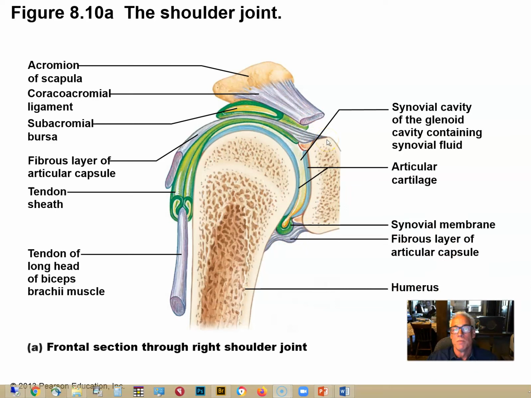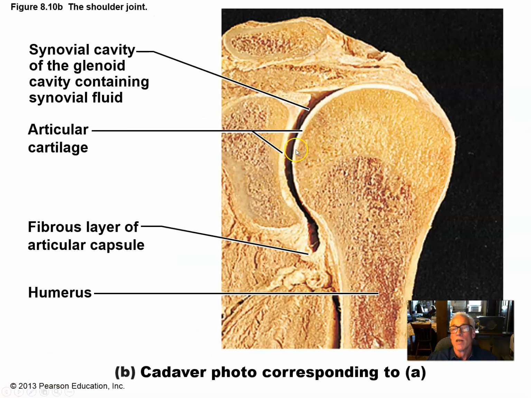So that's how shallow the so-called socket of the ball and socket of the shoulder joint is. Tremendous freedom of movement, the most freedom of movement of any synovial joint, and the least stable of all the synovial joints. And here's a beautiful dissection, a bandsaw cut of the body in a coronal plane, showing the shoulder joint.